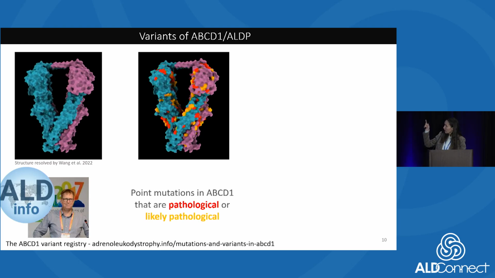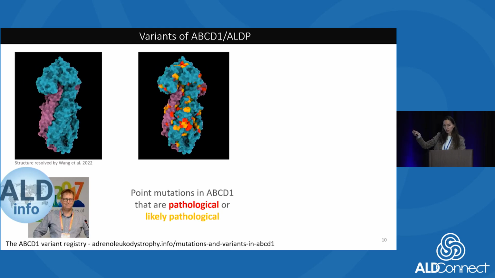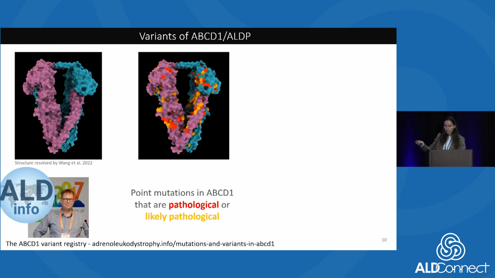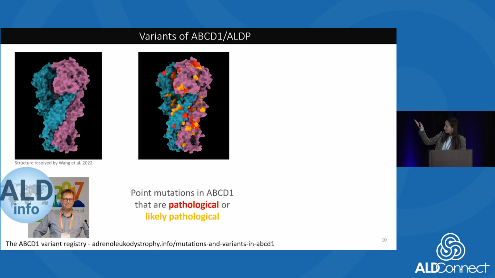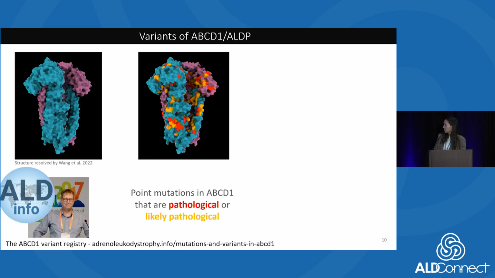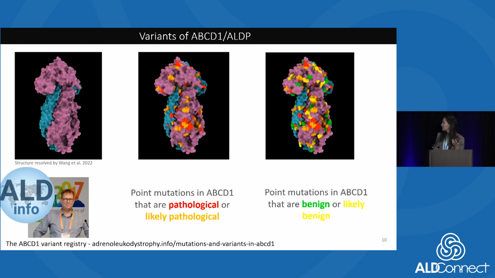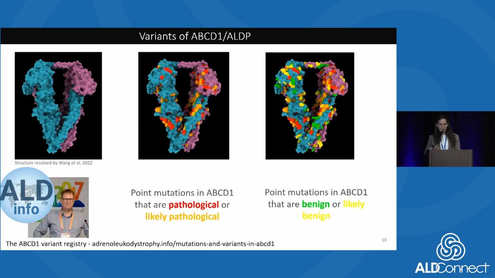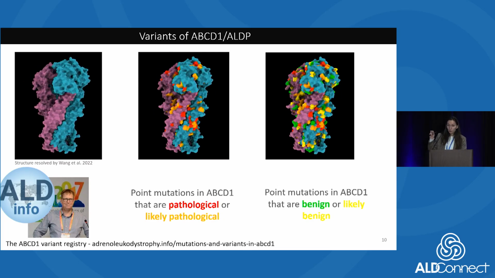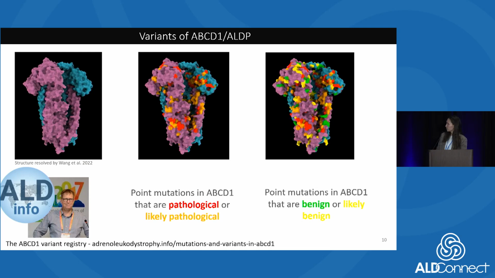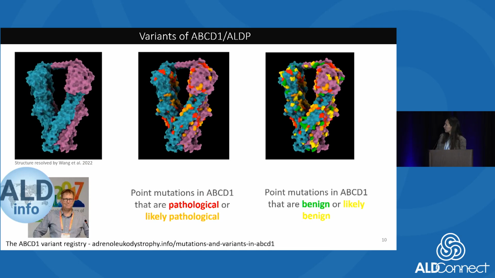So in red color, every dot here is a substitution of an amino acid to a different one. And in orange, you have likely pathogenic mutations. And then if you superimpose on this the benign and likely benign, and here I'm only showing the point mutations, so I will later show that there are other things like deletions, right?